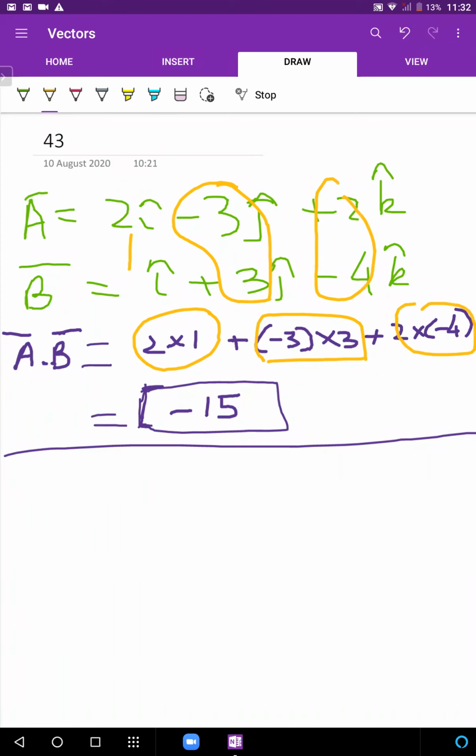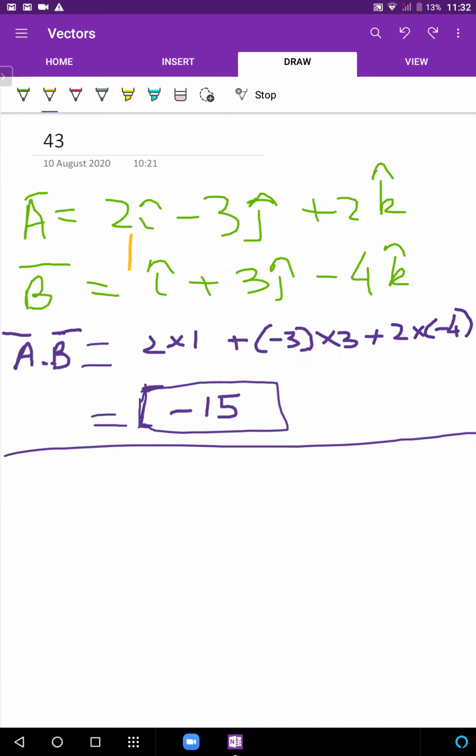Add these three numbers up. So 2 minus 9 minus 8. Okay, 2 minus 9 minus 8. That will give you minus 15. It's that simple. Orally कर सकते हो dot product. Orally कर सकते हो. Okay? देख लिया कितना easy है.